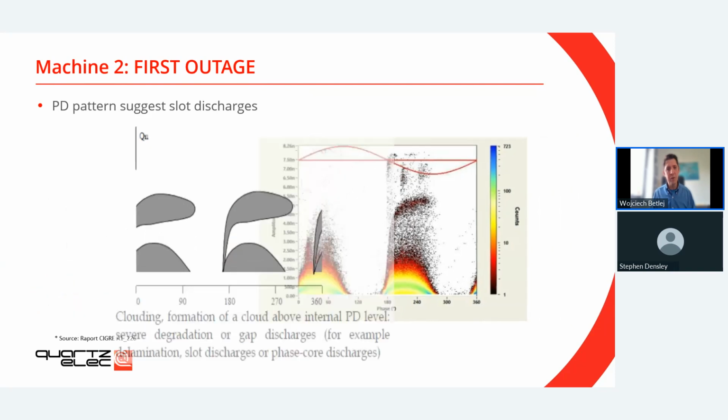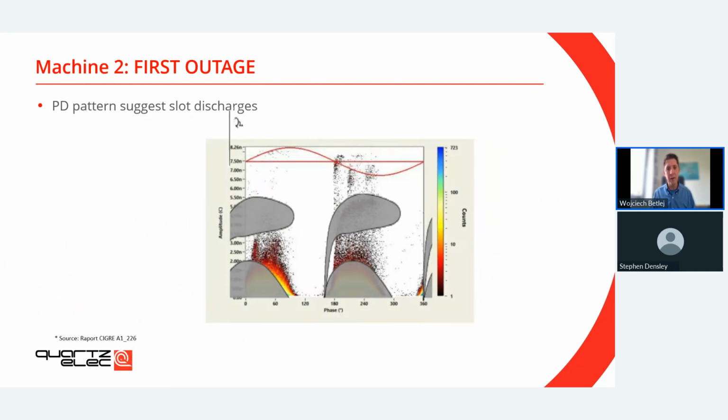If you overlap these two, you can see the resemblance between the Cigre report and the real PD data that we obtained when we measured partial discharge on this machine. This kind of shape of partial discharge pattern means that you have problems with slot PD. Amazing how accurate PDA2 can be.